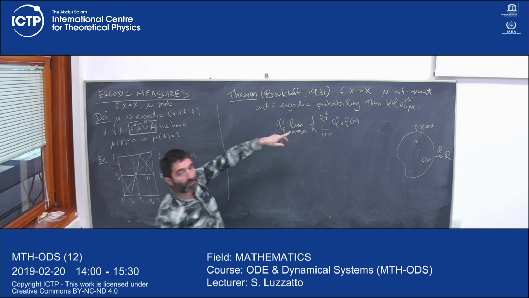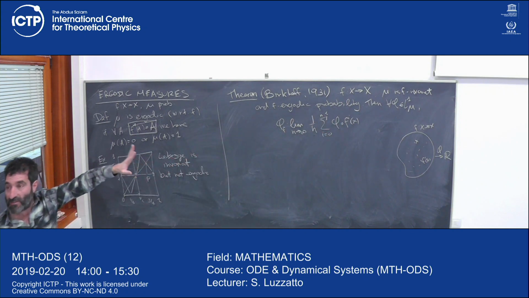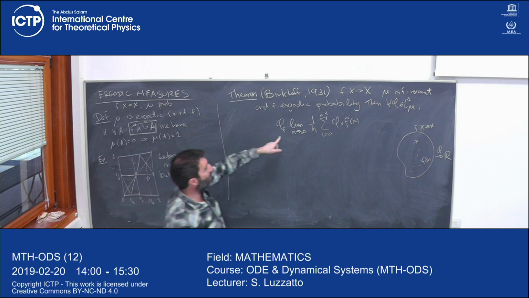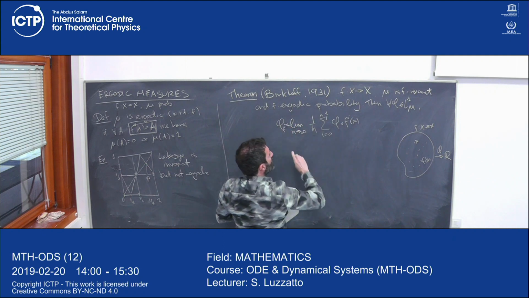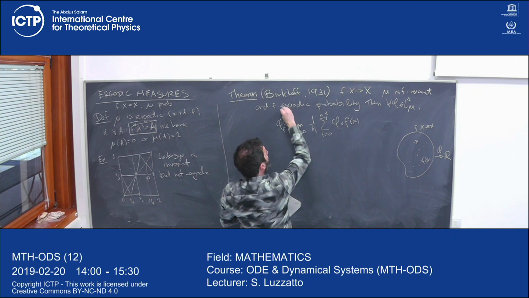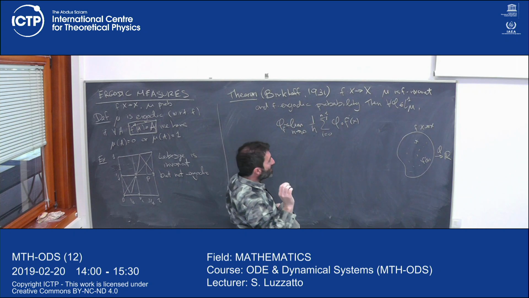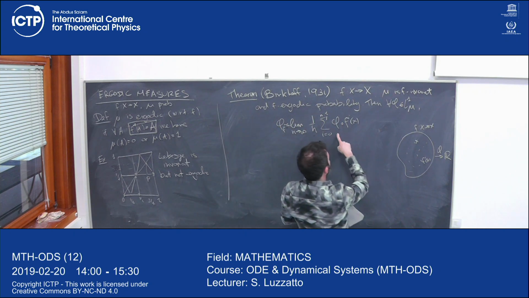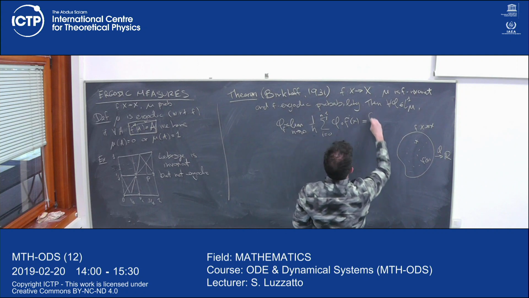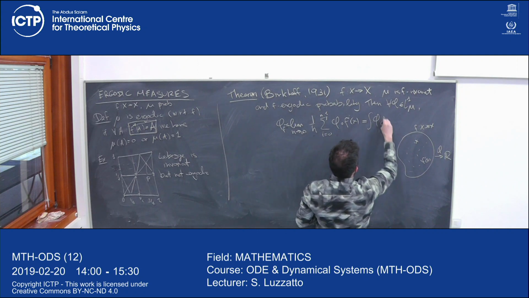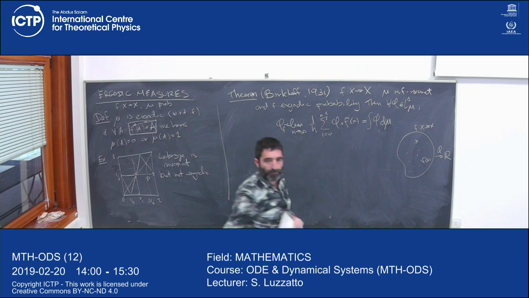And remember that I stated before that as long as the measure is invariant, this limit exists. This limit exists, and if the measure is now ergodic, we have a significant amount of additional information: we know what this converges to, and this converges exactly to the integral of phi d mu.